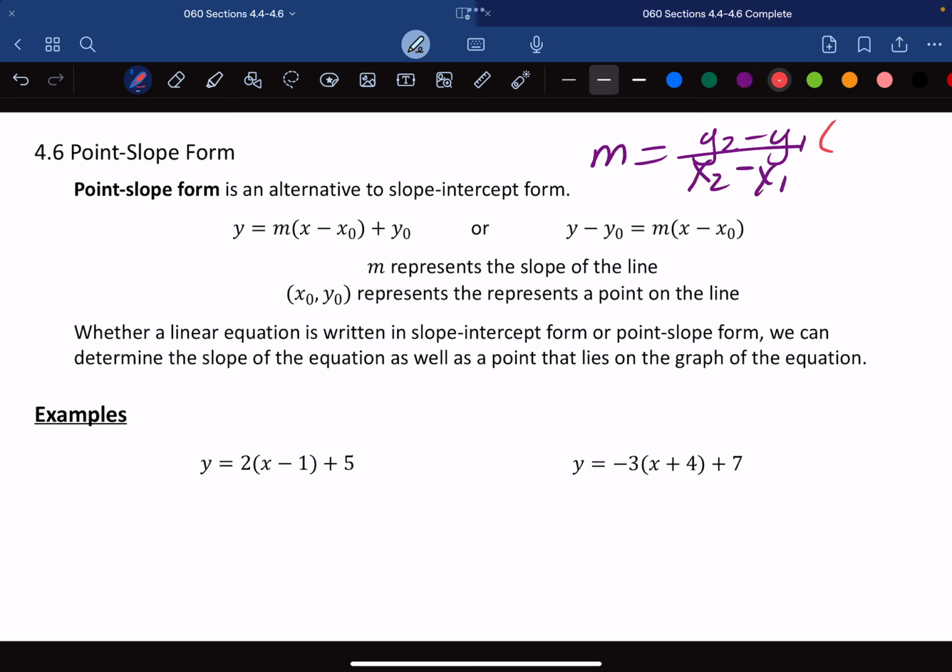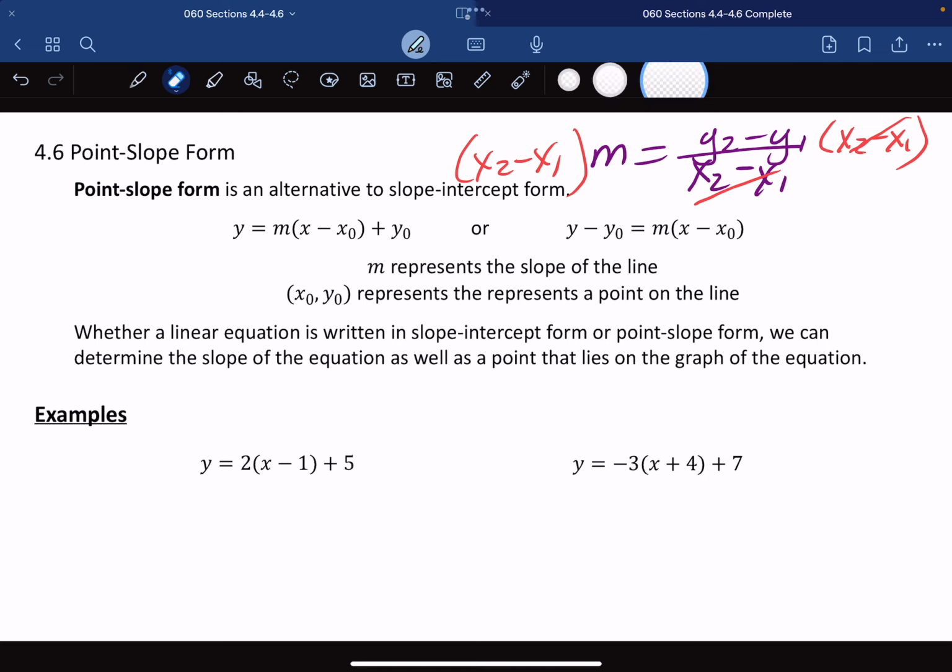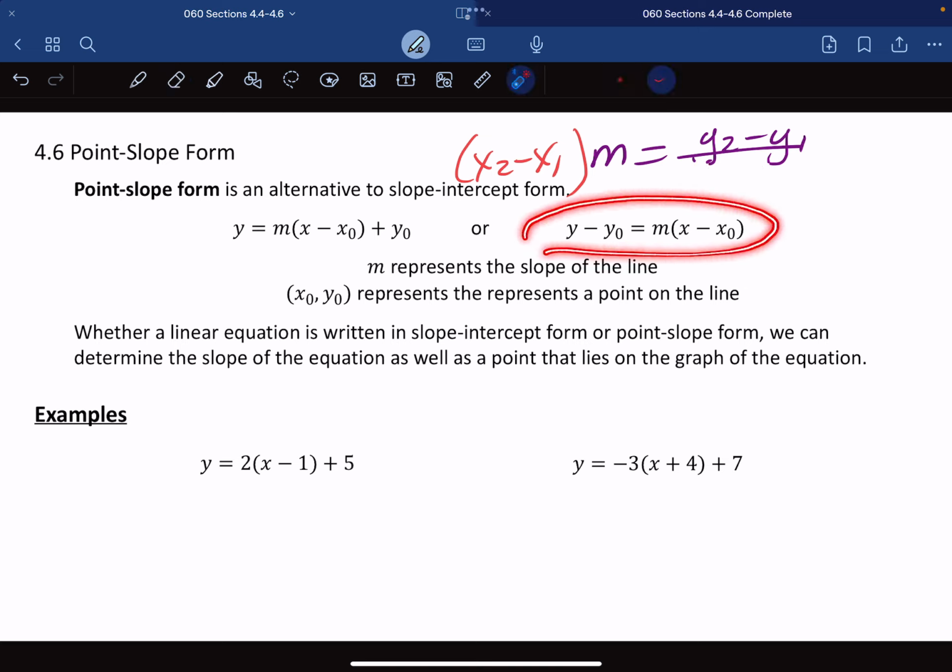If we multiply both sides by the denominator, it cancels out the denominator on the right side, leaving you with your y values for 2 points on one side of the equation, and your x values for 2 points on the other side next to your slope.